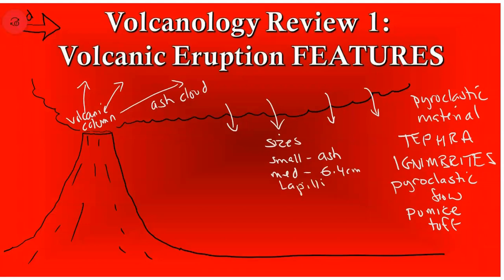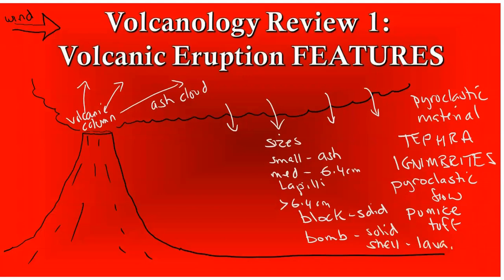Then the larger ones, anything larger than 6.4 centimeters, can be classified in 2 ways, either a volcanic or lava block, or a lava bomb. Now the block is a solid piece of rock, and the bomb is a solid shell that inside of it is still molten lava.